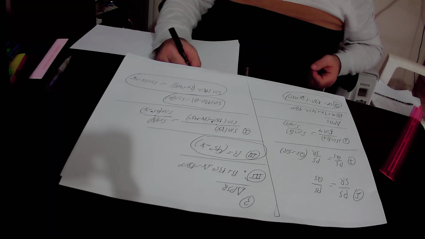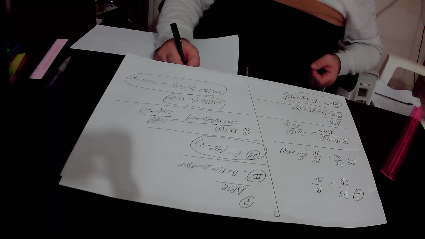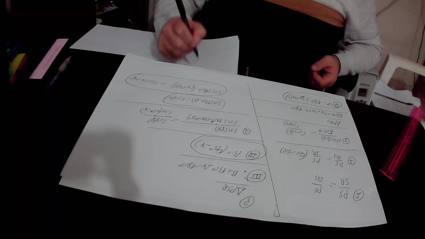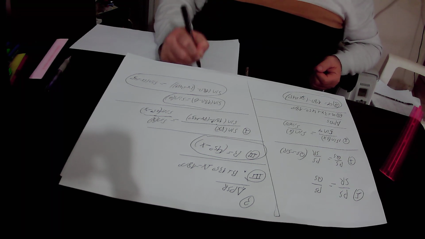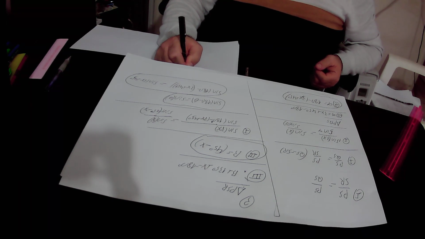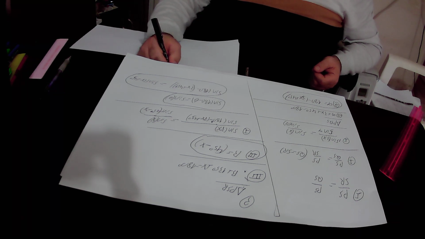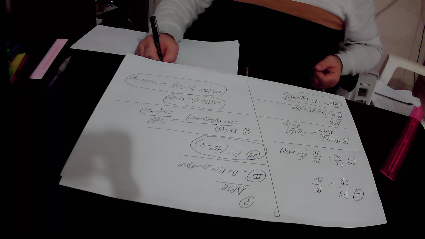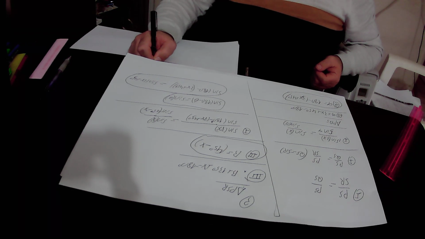So we will get that sine 3x over sine (3x plus 45 degrees) equals sine x over sine (45 degrees minus x).